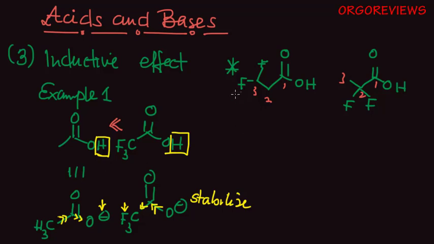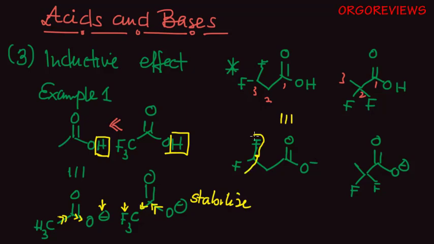So like I mentioned, as the group that is doing the pulling has a longer distance from the negative charge, the inductive effect becomes very small. So let's write down the conjugate base for these acids. So if you wrote down the conjugate base, this is what you're going to get. You have two fluoro on here, and the conjugate base for this acid will look like this. So now we want to see which of them will be more stable.